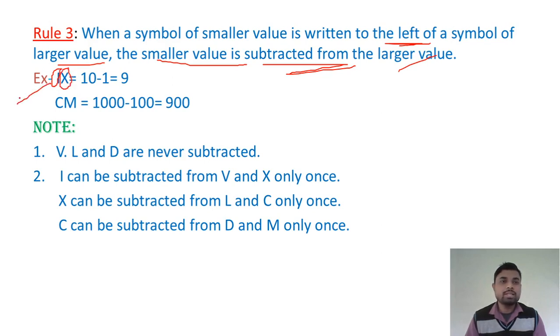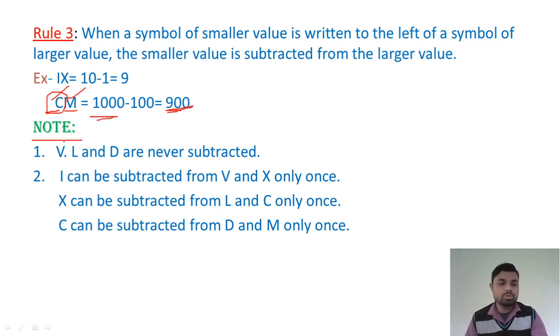So 1 is the smaller value and it is written on the left hand side, so we'll do subtraction. So 10 minus 1, 9. Similarly, here C and M: M means 1000, C means 100. So C is written where? On the left hand side. So we'll do subtraction. So 1000 minus 100, that means 900.